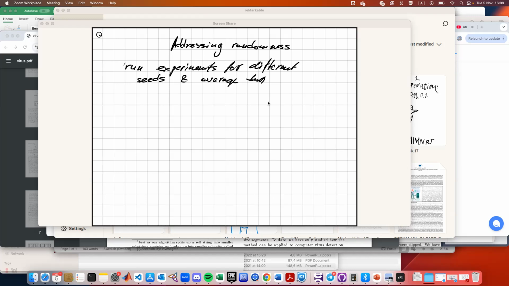I don't have a good feeling about the time it will take, because it's really lots of rounds. But think about it when you create your experimental scripts.